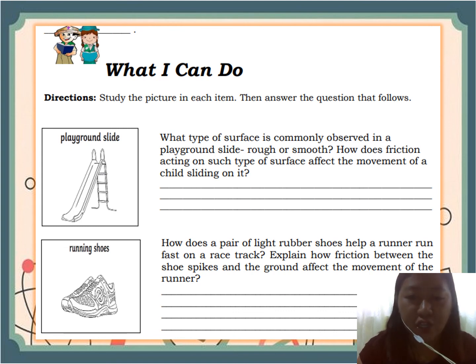Explain how friction between the shoe spikes and the ground affects the movement of the runner. The spikes in the running shoes increase friction, so it is going to prevent the runner from sliding. Okay.